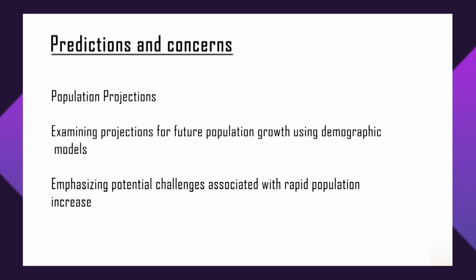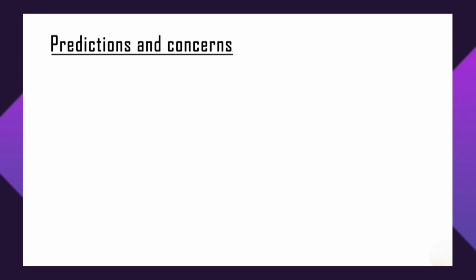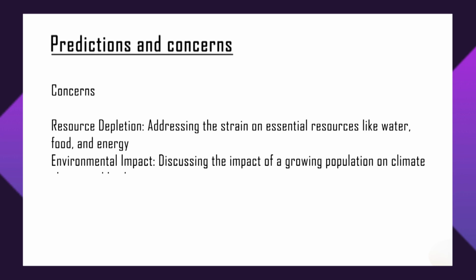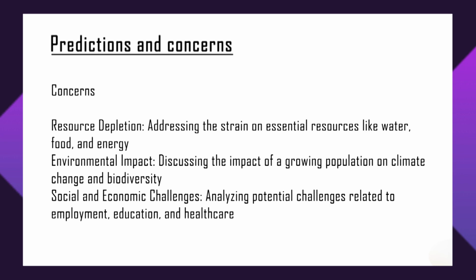What are different concerns associated with this? The first one is resource depletion. Addressing the strains on essential resources like water, food and energy supplies is often associated with resource depletion.